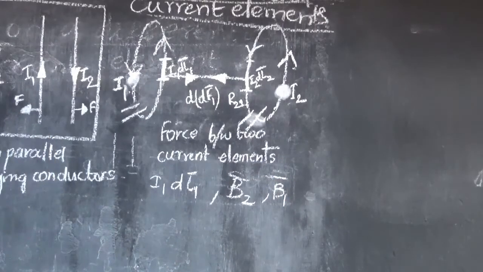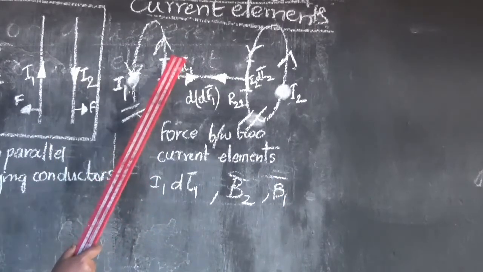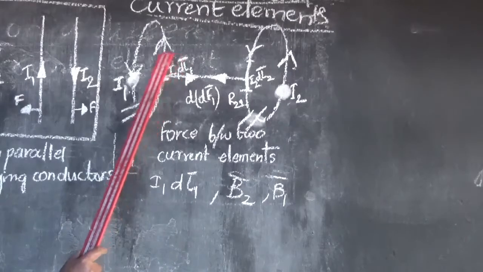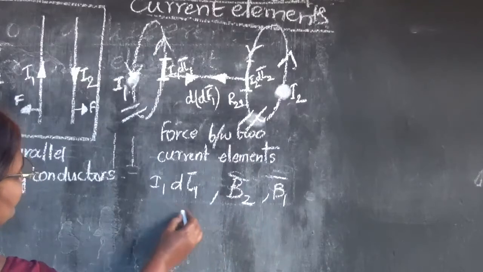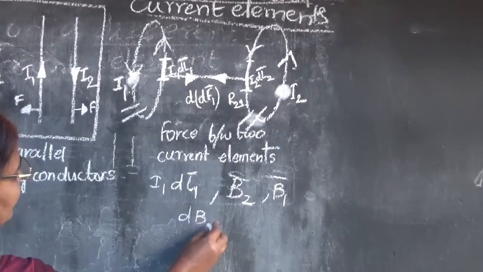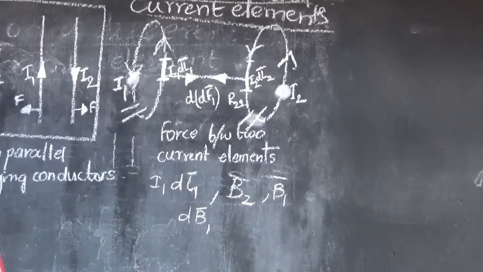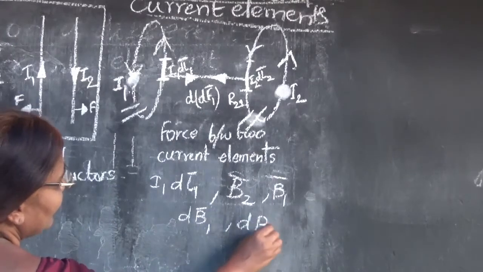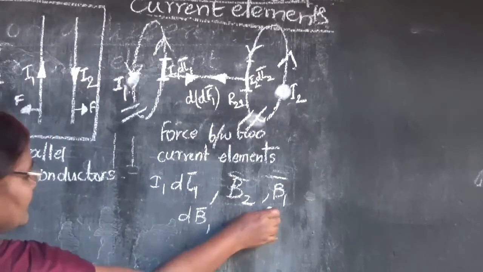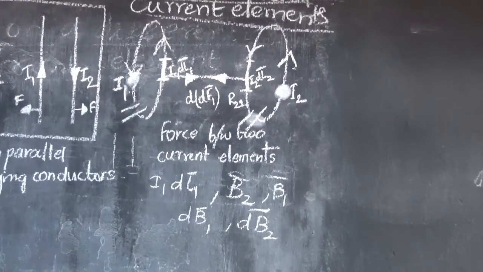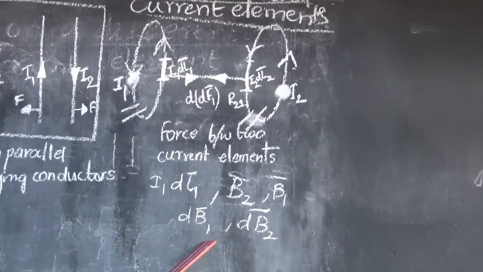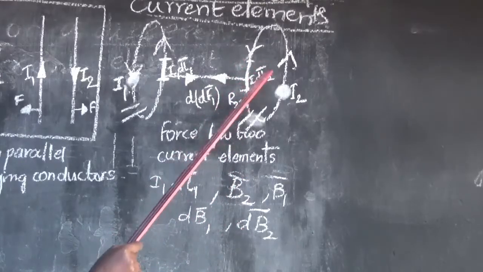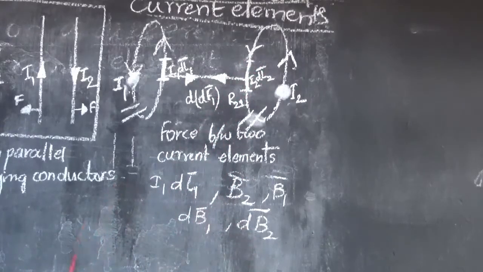You should notice one thing here: only a small part of the conductor will produce a field of dB1 bar in the first conductor and dB2 bar in the second conductor. That means a small portion of the current element will produce a field of dB1 bar, and a small portion of the other current element will produce a field dB2 bar.